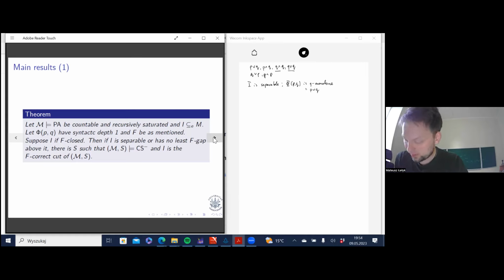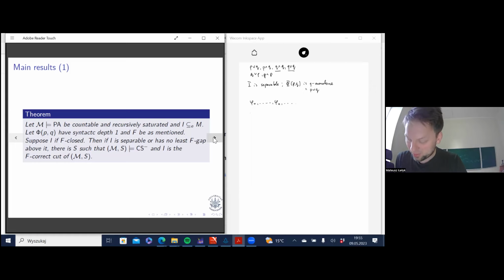So we shall fix an enumeration of all formulas. The model is countable, so we can enumerate in an omega sequence all formulae in the sense of this model. And at each stage of our construction, we shall look at their finitary surroundings, which are generated by this formula.